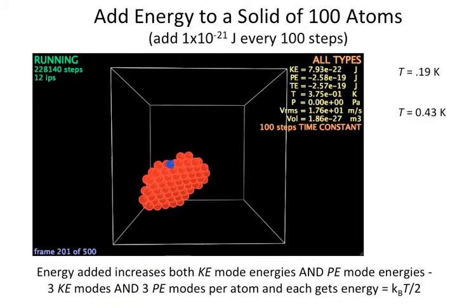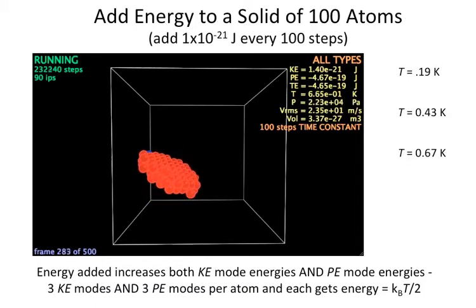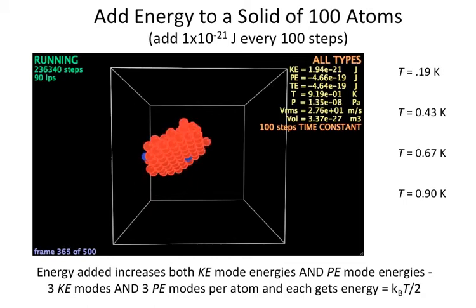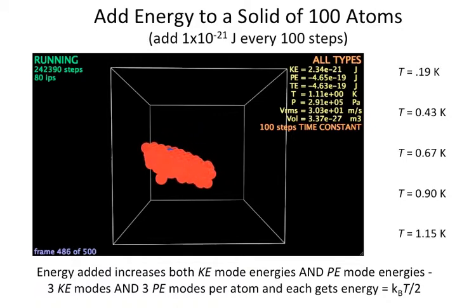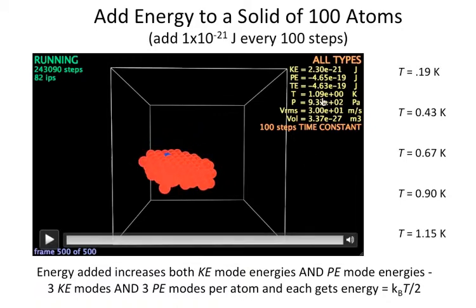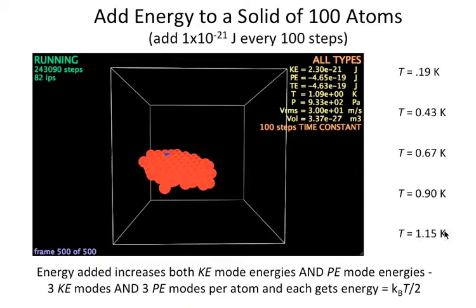It changes to 0.43 about, and at 200 it is changed to 0.67. At 300 I add some more. You can see the whole thing going a lot faster. Temperature is about 0.9, and then at 400 it moves faster, and the temperature, well, it says 1.19. I was guessing on average it was about 1.15 Kelvin.